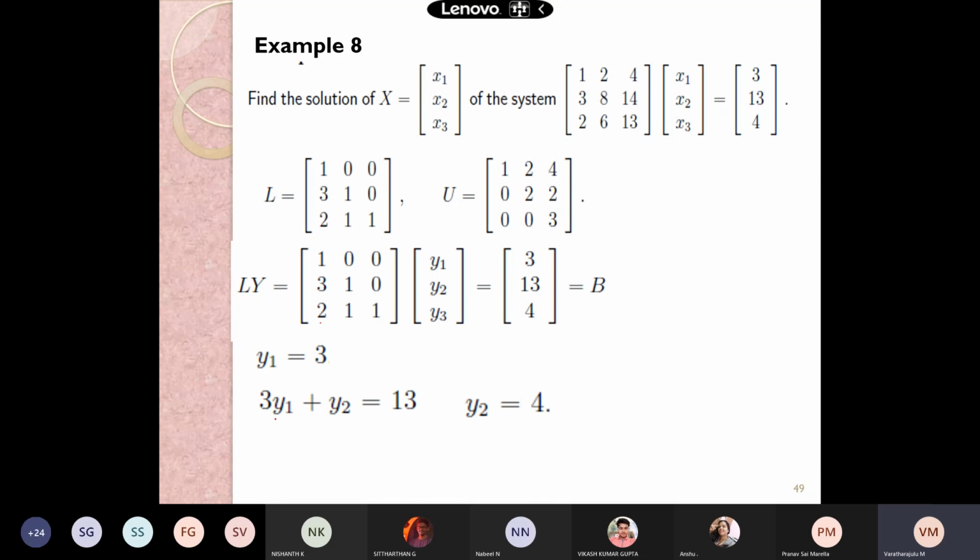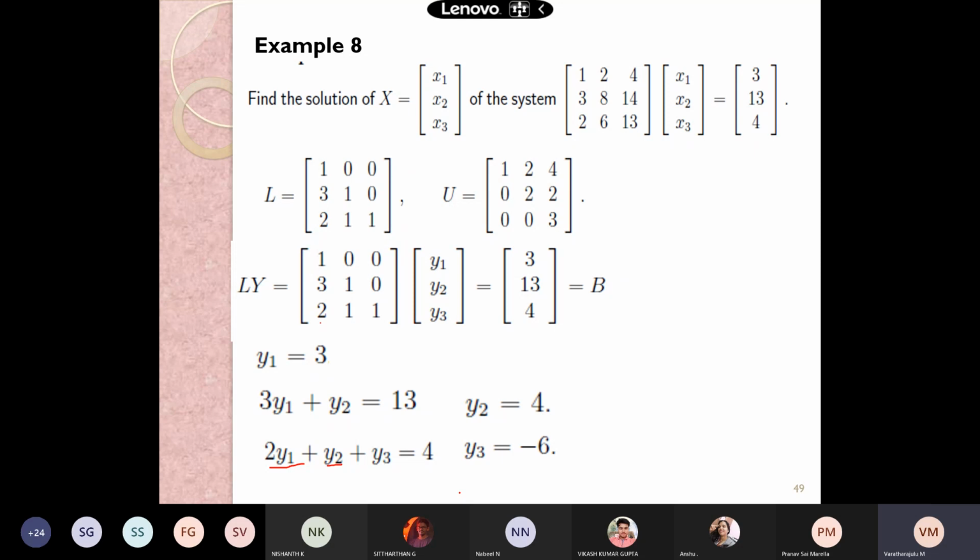Applying the value of 3 here, 3y1 is 9. 13 minus 9 becomes 4, therefore y2 is equal to 4. Then 2y1 + y2 + y3 = 4. Applying the values of y1 and y2, this becomes 6 and this becomes 4, therefore the summation is 10, and 4 minus 10 becomes minus 6. Now I found the values of the intermediate unknowns y1, y2, y3.